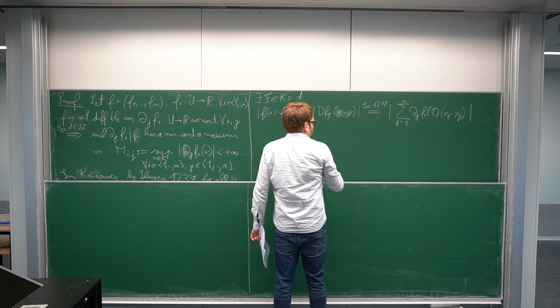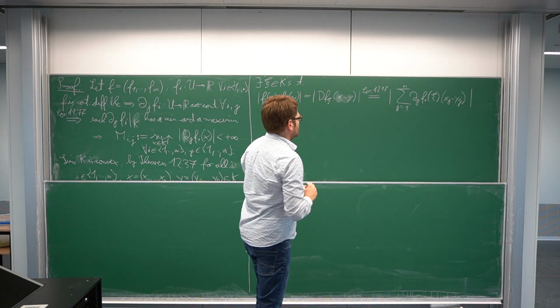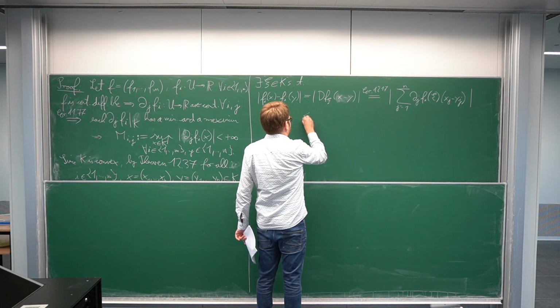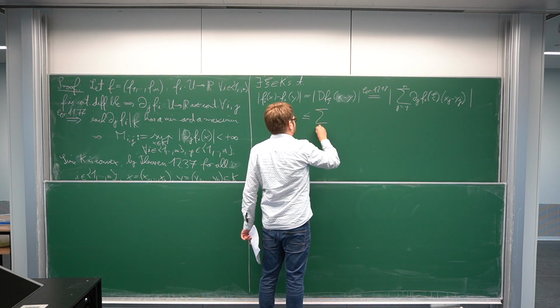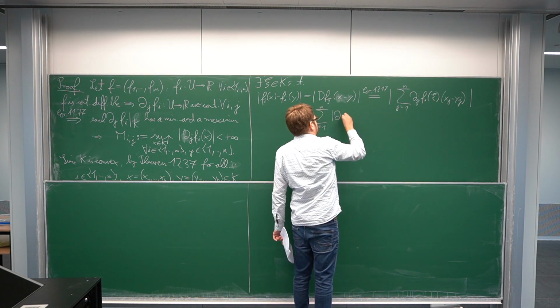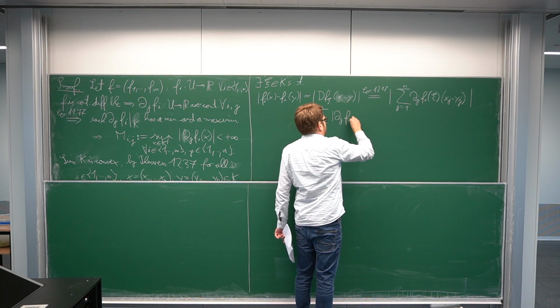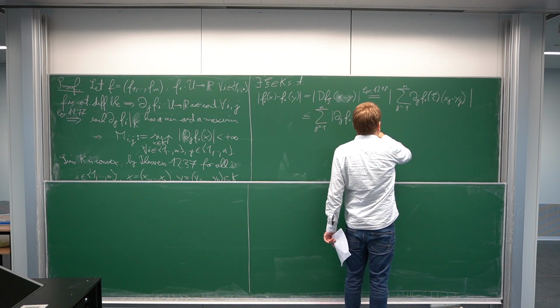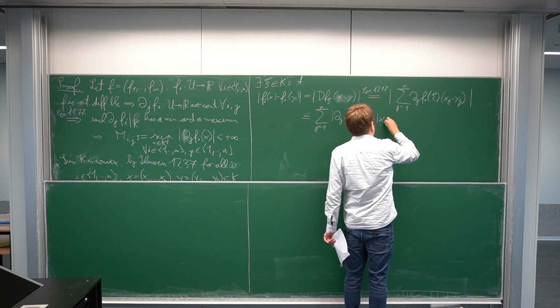Now, for this we can use the standard inequalities for the absolute value. The absolute value of a sum is smaller than or equal to the sum of the absolute values. So we get this, and we can put the absolute value on both terms individually. These are all real numbers.